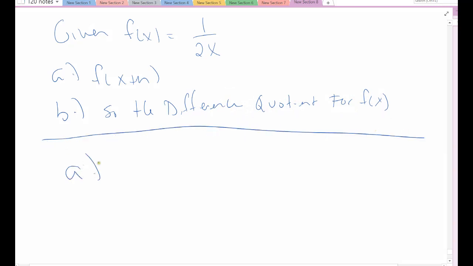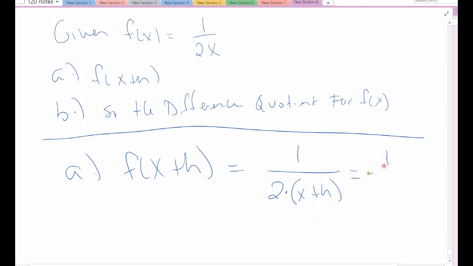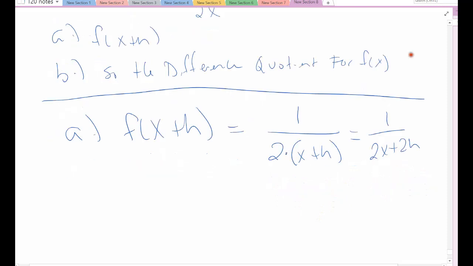A first. F of x plus h. So again, where there was an x value, I replace it with x plus h. So when I do that, I put it in parentheses. So I get 1 divided by, instead of 2 times x, 2 times parentheses x plus h. And the only thing that simplifies, you could distribute the 2. So 1 over 2x plus 2h.